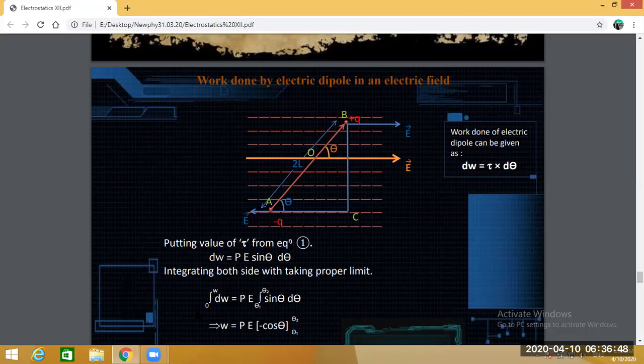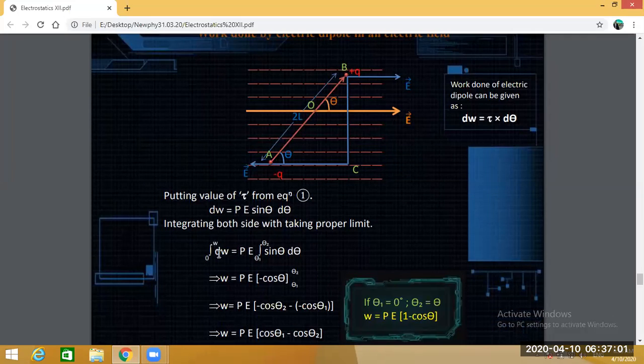Work done will change from 0 to W, because before the displacement work done is 0, and after that it will be W. After integration, the integral of dW equals W, and the integral of sine theta is minus cos theta. So taking the minus outside, we take the upper limit minus the lower limit, and we get this situation.